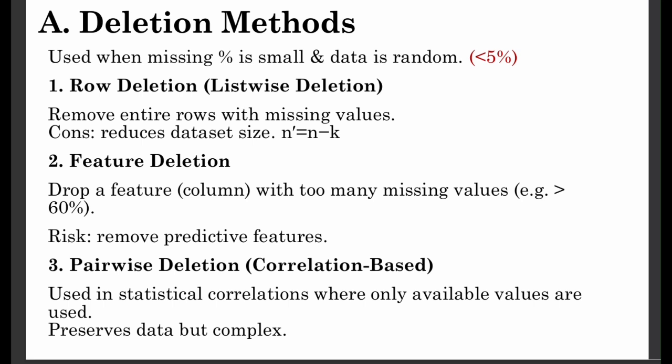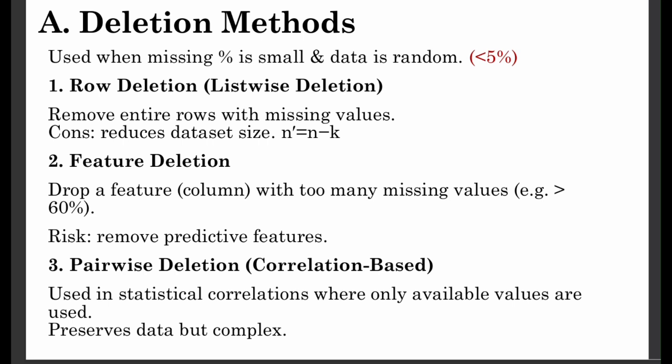If n is your original number of rows and k rows have missing values, your dataset has n minus k rows. If your dataset is small, this can be a significant loss. Example: if age is missing in row 2, that entire row is deleted. Method 2: feature deletion. Drop an entire column if it has too many missing values, typically more than 50 to 60%.